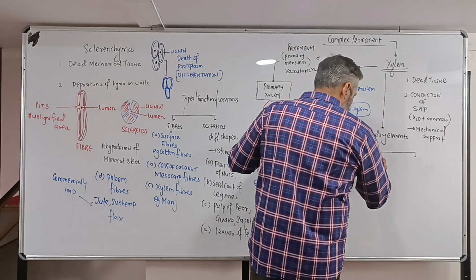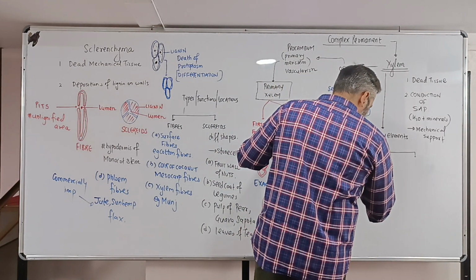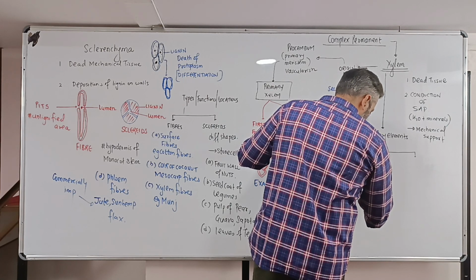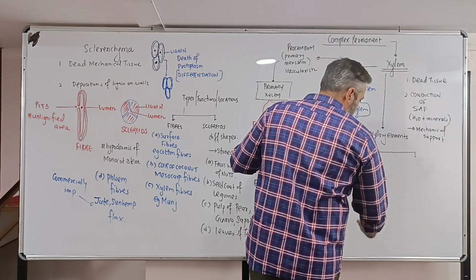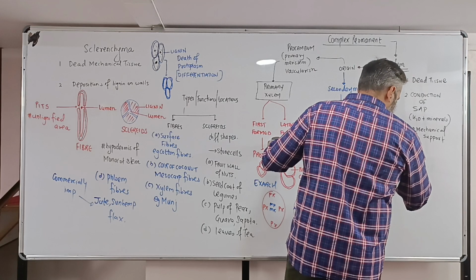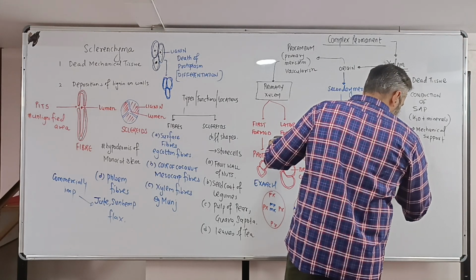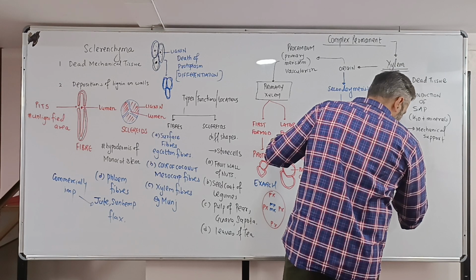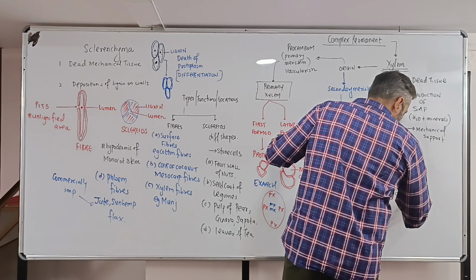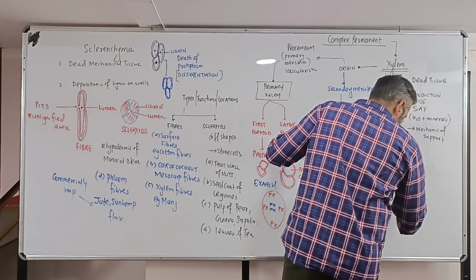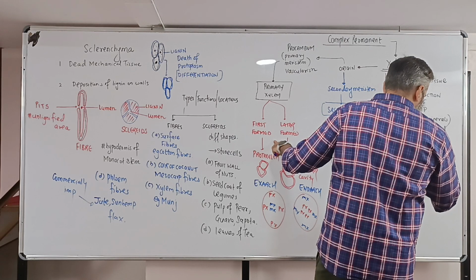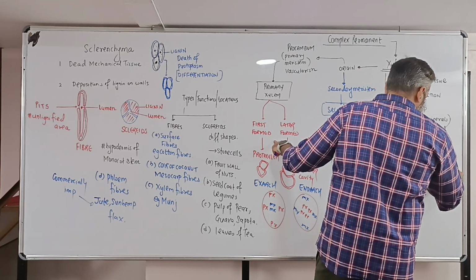The second type are called tracheae or the vessels. Then you have xylem sclerenchyma, also known as the xylem fibers, and you have the xylem parenchyma.